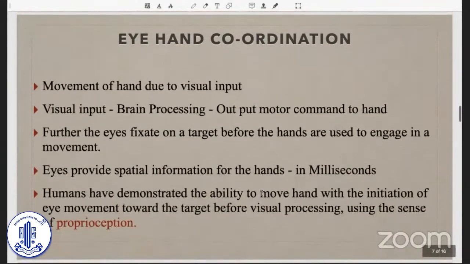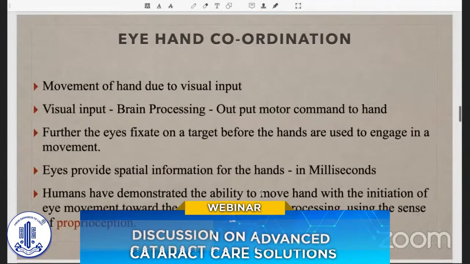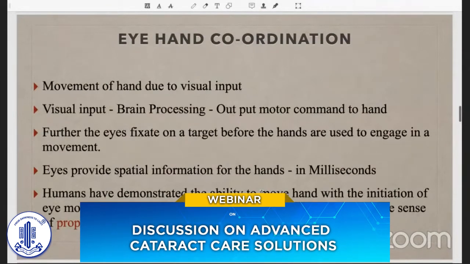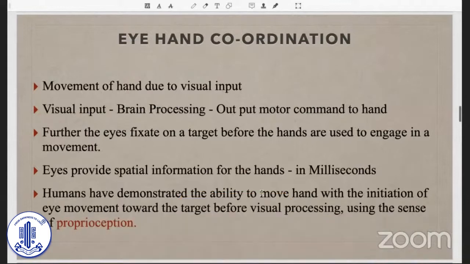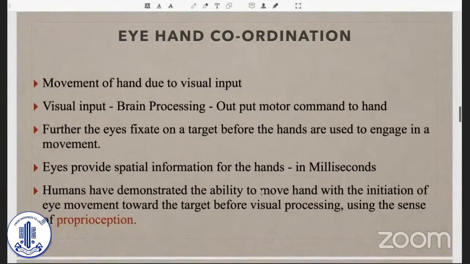In hand-eye coordination, there are some hidden things: the movement of the hand due to visual input. We see the cataract and then decide to touch it, then our hand should move. The brain processes this visual input, and the output is the motor command to the hand, and the hand moves. Further, the eye fixates on the target before the hands engage in a movement, so the eyes provide spatial information to the hands.